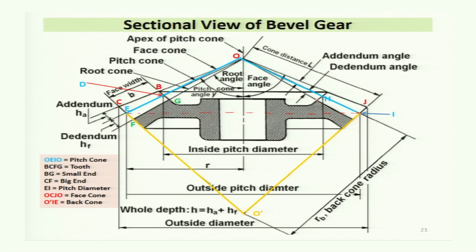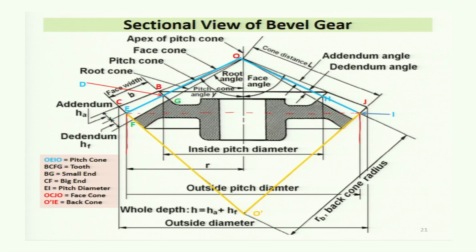Similarly, at this end, this and this is representing a gear tooth. BG is the small end and CF is the big end, and EI is the pitch diameter. E to I is the pitch diameter, this one, which is shown here.